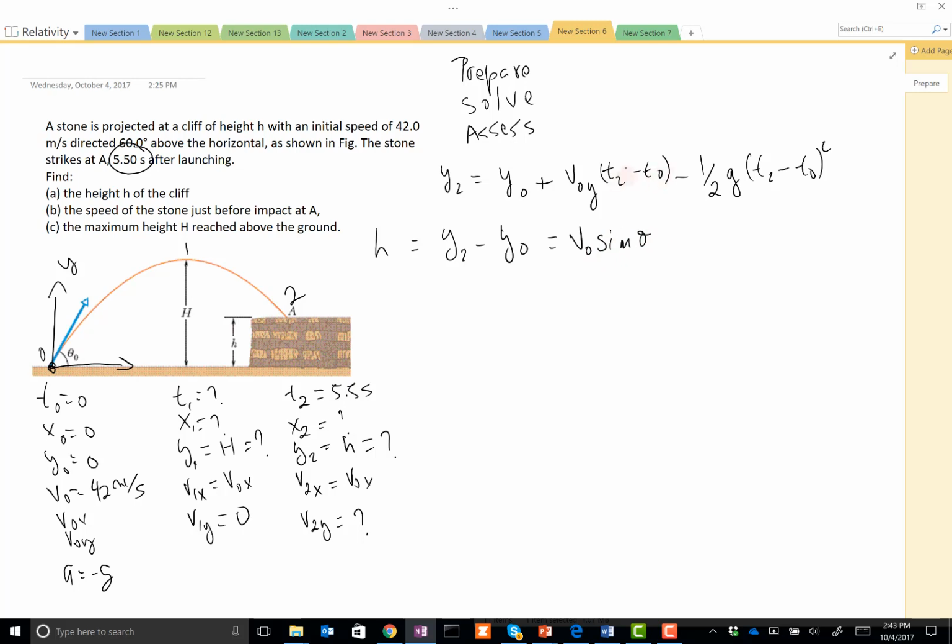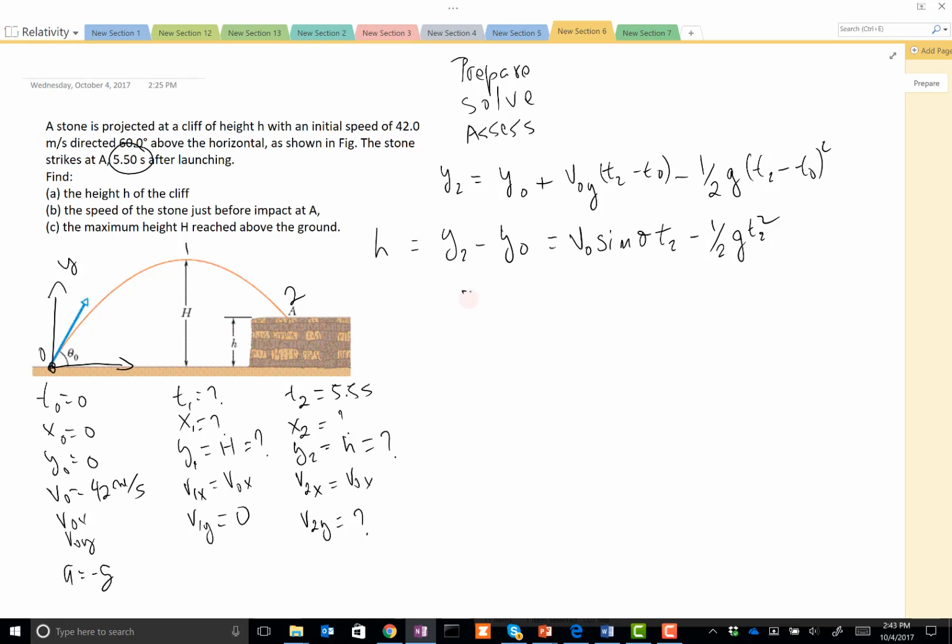T0 is 0, T2 is 5.5, so I can write this as v0y T2 minus 1/2 g T2 squared, right? Then I can solve for all this.